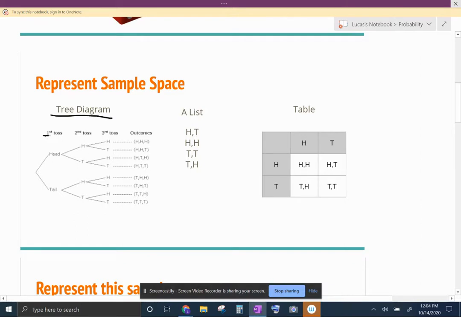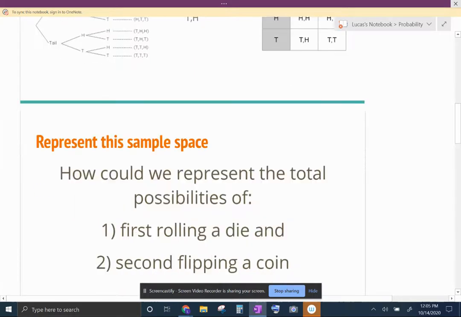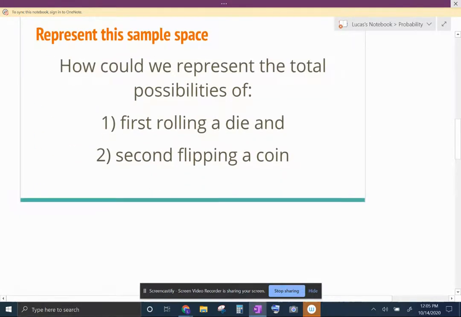This is the diagram for flipping a coin 3 times, things that could happen. We have a list. This is the list for flipping a coin twice. And we have a table. This is the table for flipping a coin twice, which is kind of the same as the list, but in a different method.